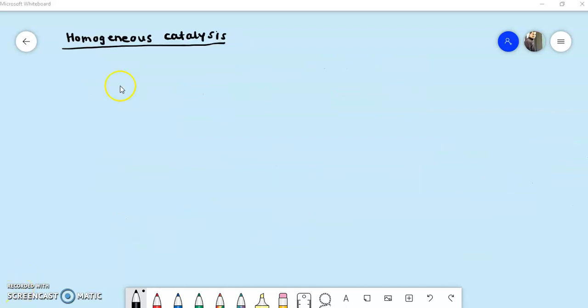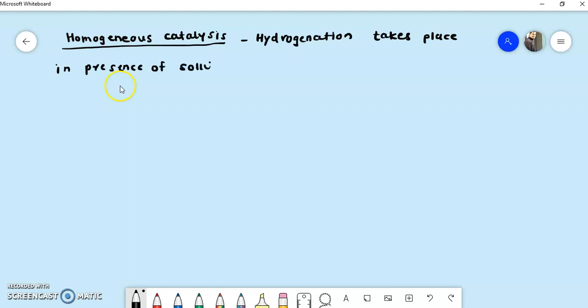Now as I said earlier, in homogeneous catalysis hydrogenation takes place in presence of soluble catalyst.